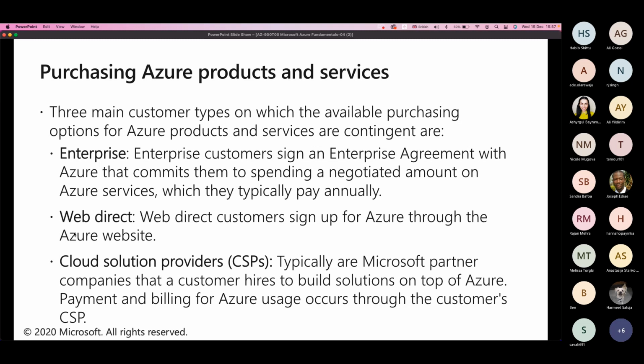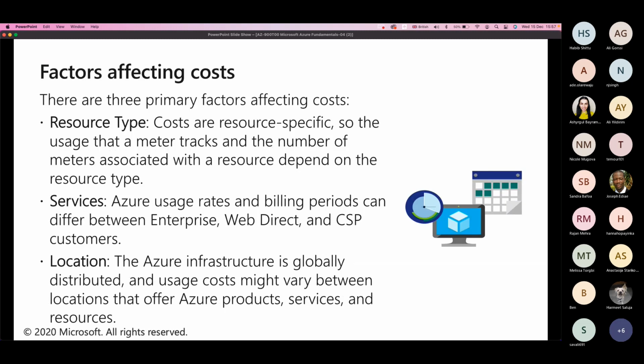Now, there are multiple factors that affect the cost generally. We can think of them in terms of the resource types, the services being offered, and the location. In terms of the resource types, costs are resource specific.